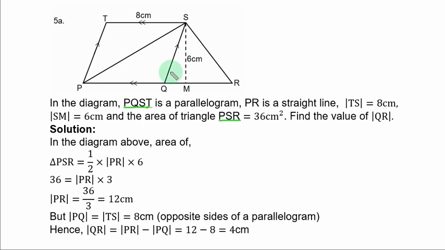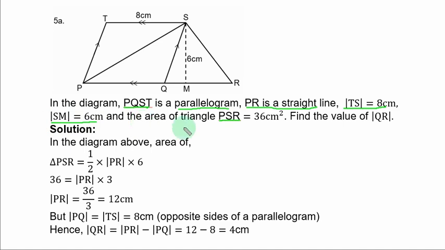Question 5a. In the diagram, PQST is a parallelogram. PQR is a straight line. TS is 8 cm. SM is 6 cm.